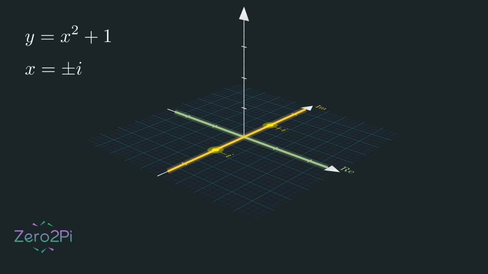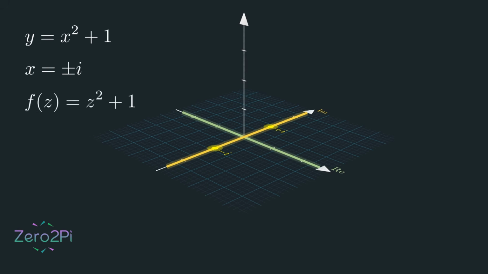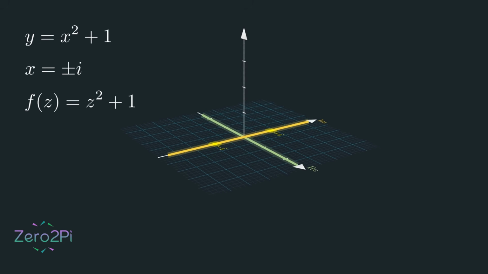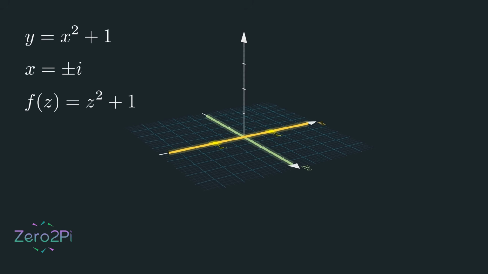Now let's go even further. Instead of just real numbers, imagine every point in the complex plane as an input z. Now the function becomes f of z equals z squared plus 1. And now every complex input produces another complex value. To truly visualize this, we lift the function into 3 dimensions.